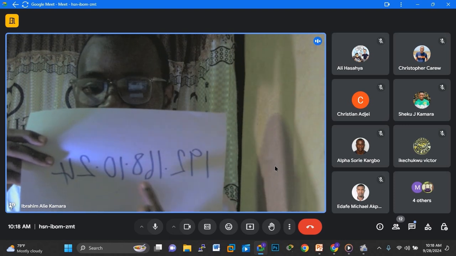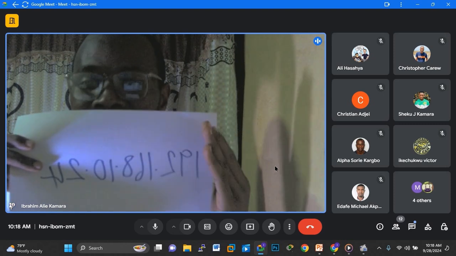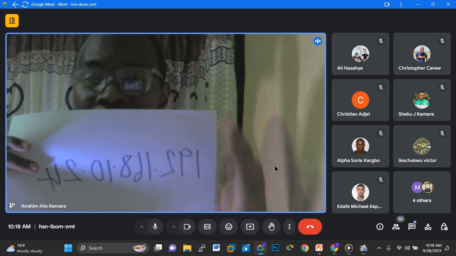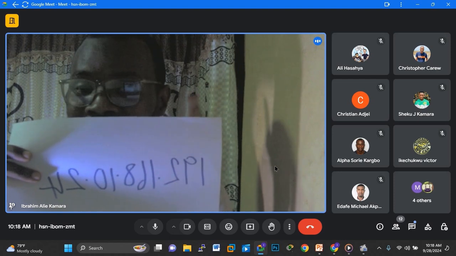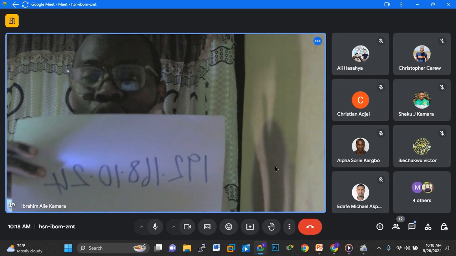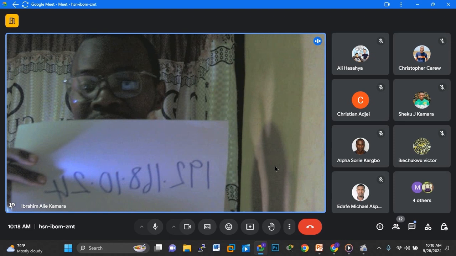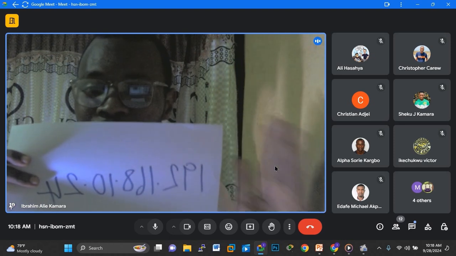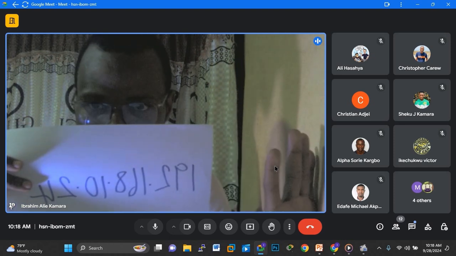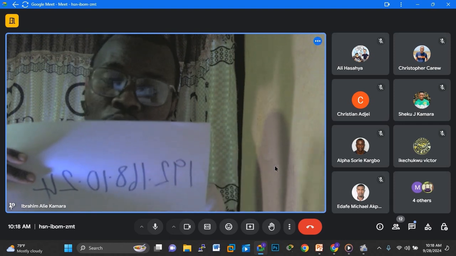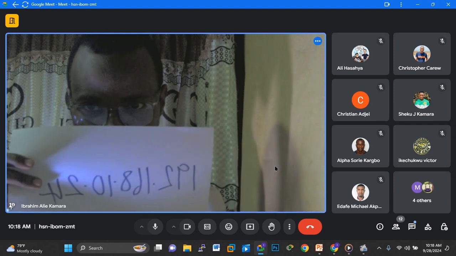If there's a line between the 168 and the 10, this tells us that the dividing line is between 168 and the 10. So the 192.168 is the network side of things, while the 10.24 is the host part.